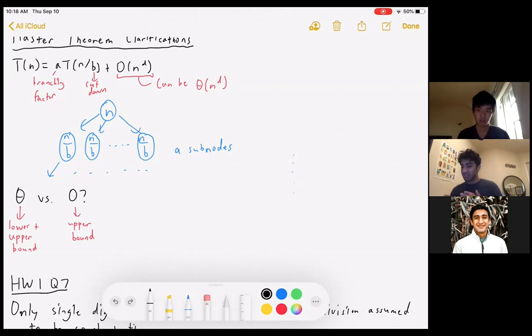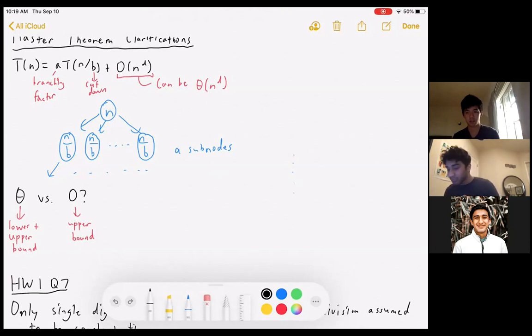If you back up for a second and look at what the sum of our work ends up being, it's the work at this level, the work at this level, the work at this level, and so on. And those are encoded in this O or theta term here.